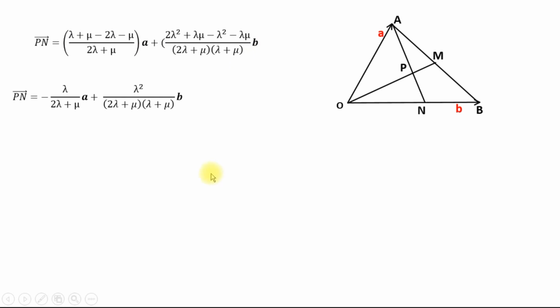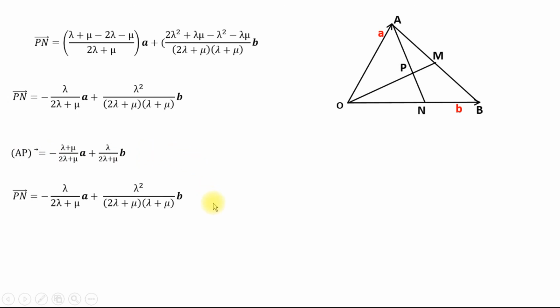Now to recap, I have an expression for AP, I have an expression for PN. The ratio of AP to PN must be the ratio of the coefficient of A in AP divided by the coefficient of A in PN, and also it must be equal to the ratio of the coefficient of B in AP divided by the coefficient of B in PN.